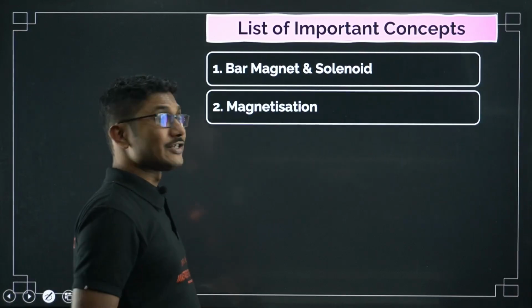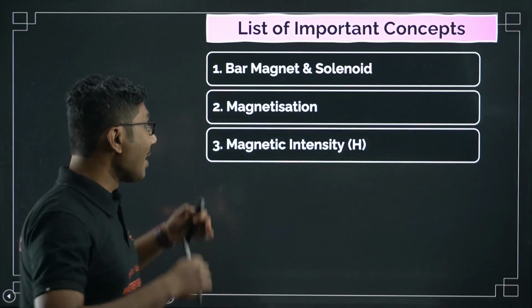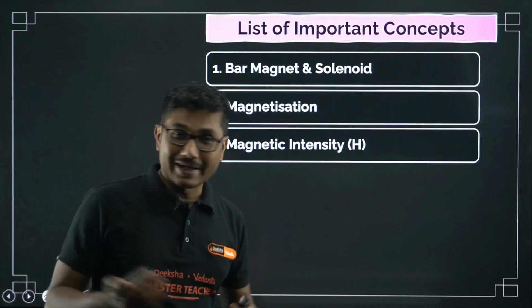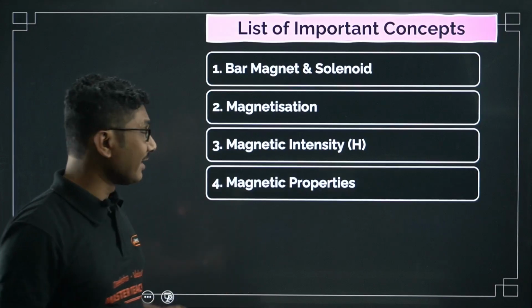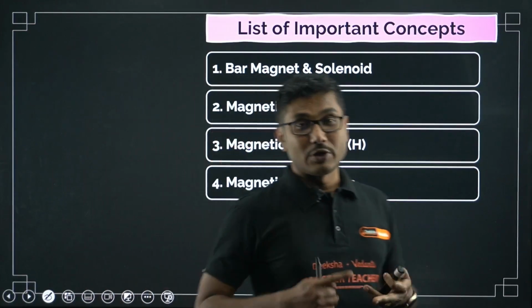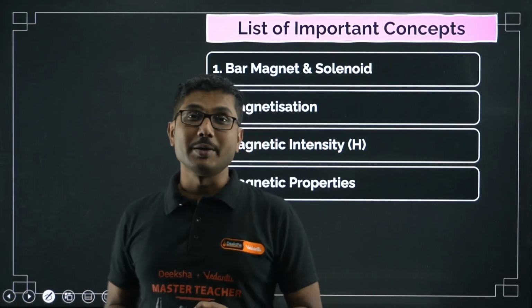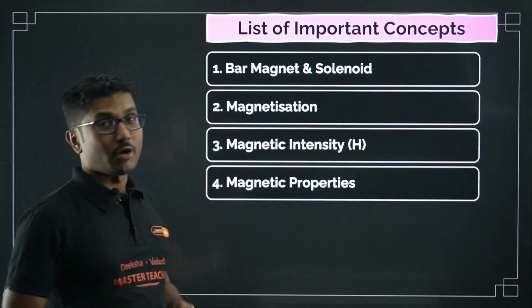Next, magnetization, another important concept from this chapter. Next we have magnetic field intensity or magnetic intensity H, that is also important. Next we have magnetic properties: diamagnetism, ferromagnetism, paramagnetism. These are the most important concepts from this chapter.